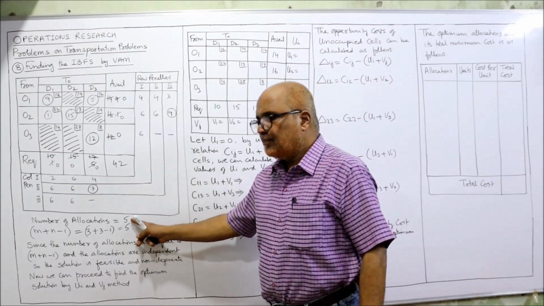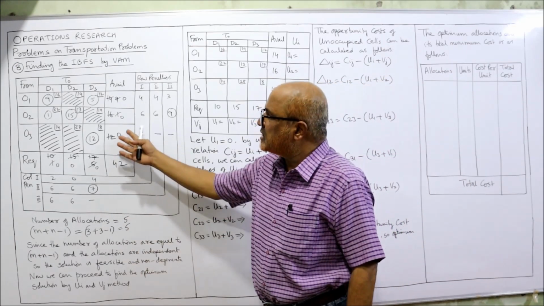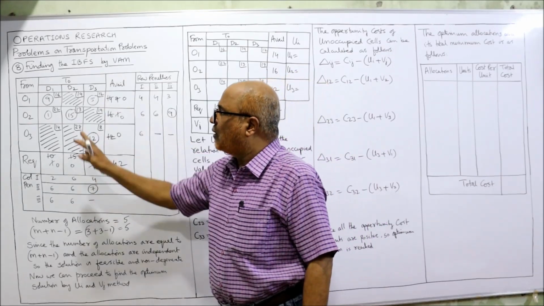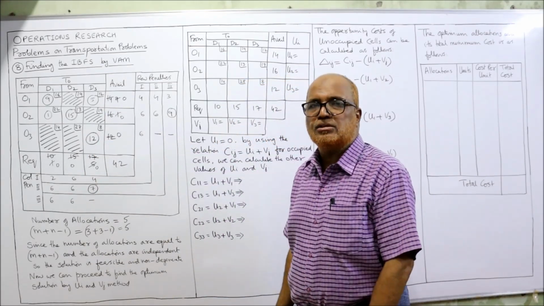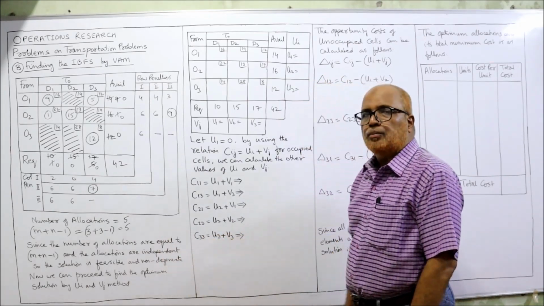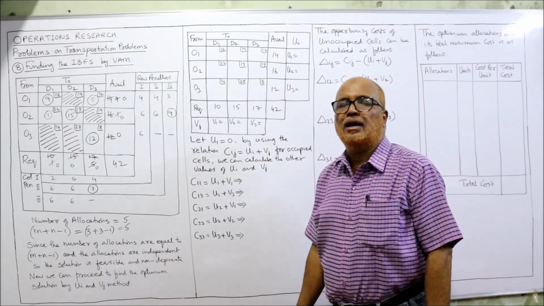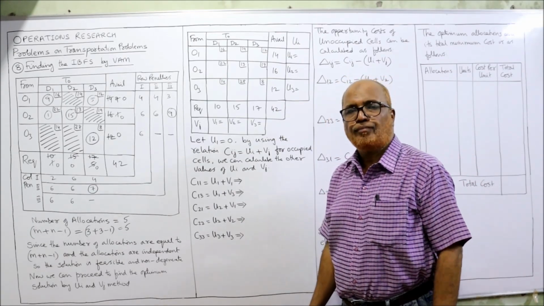M plus n minus 1 is equal to number of allocations, and all the allocations are independent. There is no loop formed among all the allocations. We can say it is non-degenerate. Now we proceed to find out the optimum solution. To find out the optimum solution, we apply UI and VJ method.